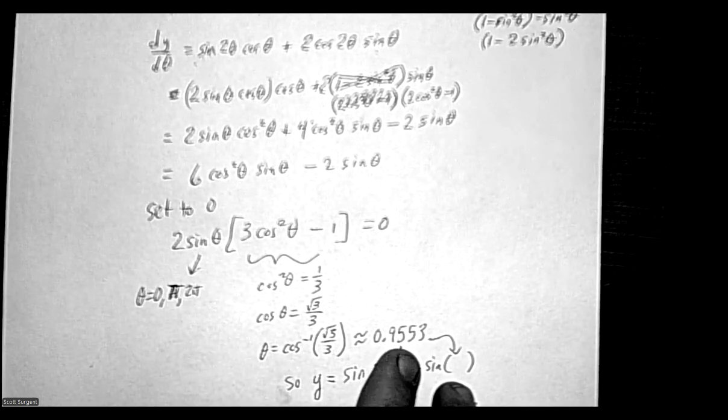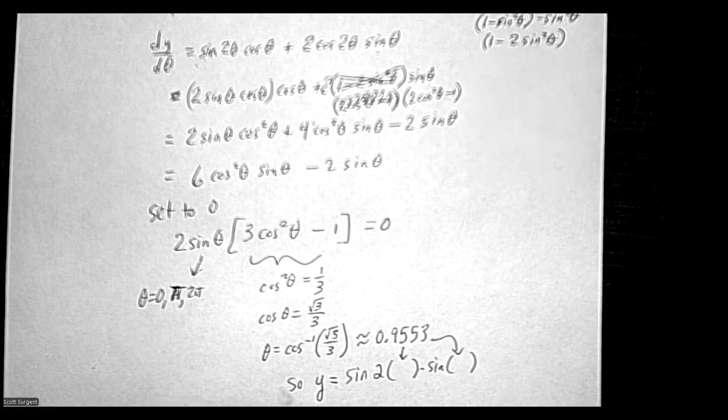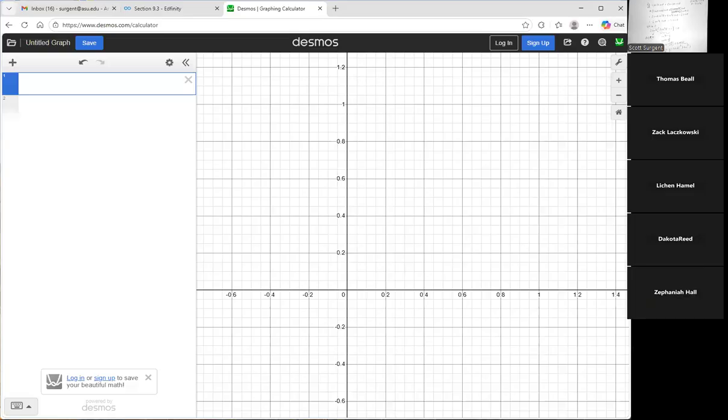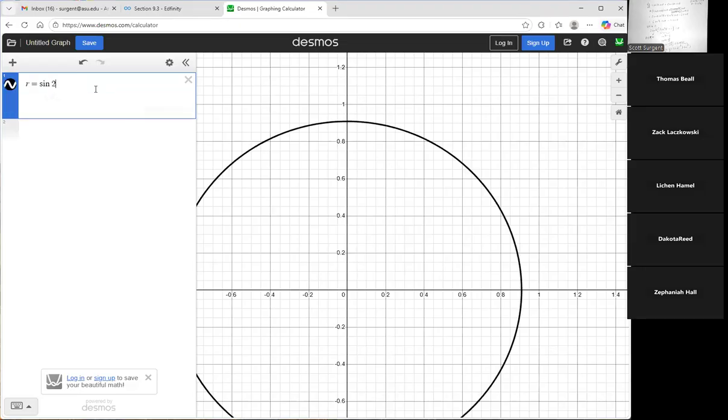Well, let's try something here. I'm going to go back to Desmos. I hope I did this right. So give me a moment here. I'm going to go to my Desmos screen. Let me erase what I had there. The function was r equals sine 2 theta.